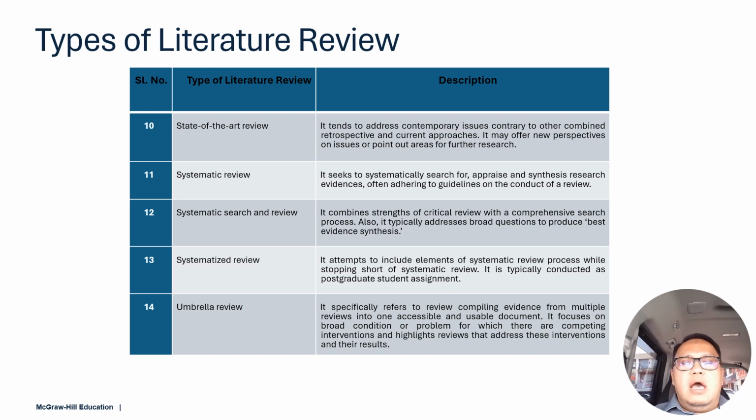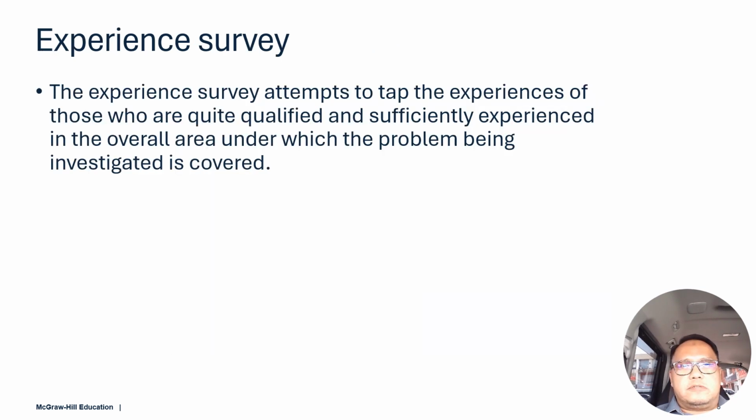All of these are different types of literature review that you can choose to search for information whenever you are not really clear what kind of methods you are going to use. So this is a kind of literature review that can perhaps be helpful for researchers.